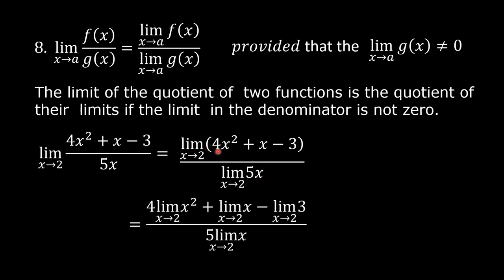So, find the individual limits here. So, 4 times the limit of x squared as x approaches 2 plus the limit of x as x approaches 2 minus the limit of 3 as x approaches 2 divided by 5 times the limit of x as x approaches 2.